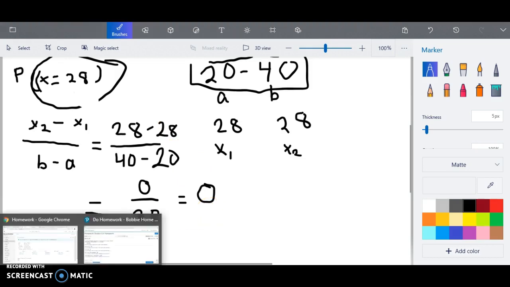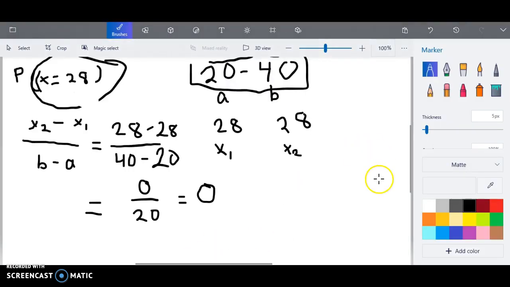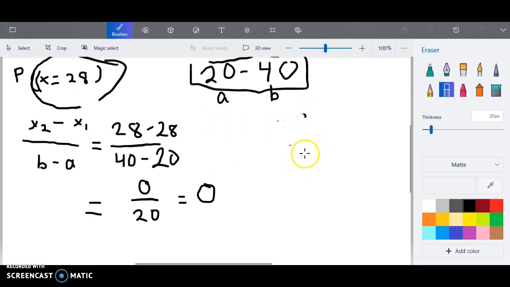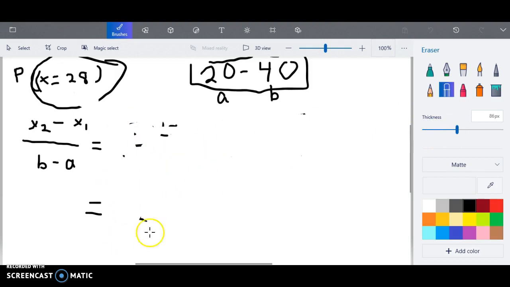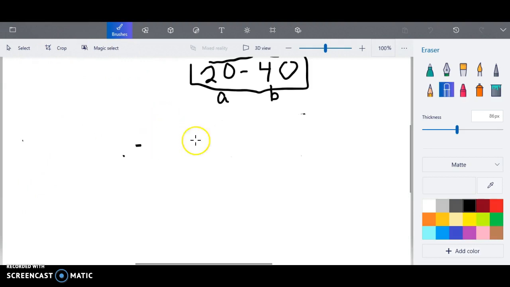Then the next part wants you to find the mean and then the standard deviation. This is actually easier than the probability. To find the mean, you don't need to worry about x's. All you need to use is A and B. So we can technically erase the probability because we're just looking at the mean.